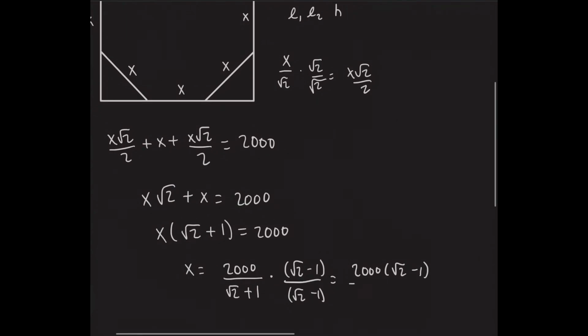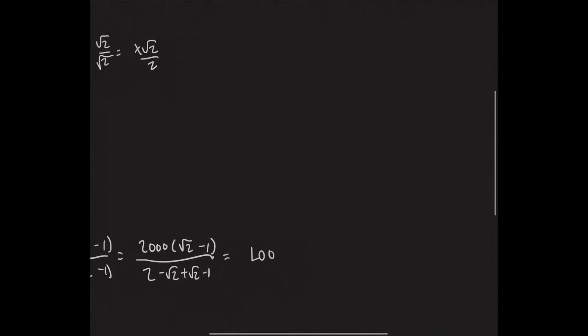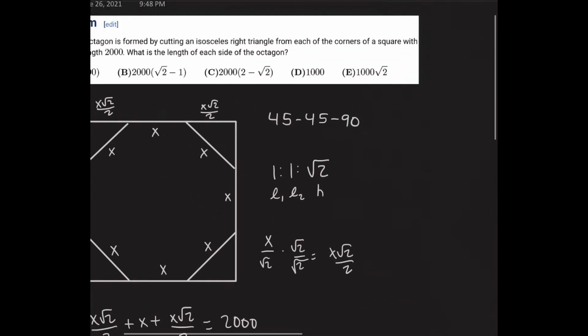And in the denominator, we'll just have 2 minus root 2 plus root 2 minus 1, which is just 1. Therefore, our answer is 2000 times root 2 minus 1, which is B.